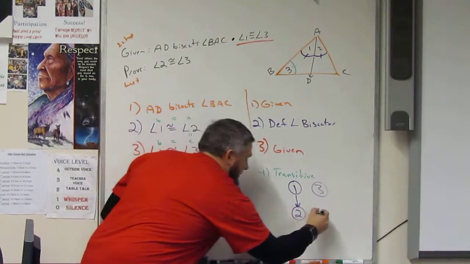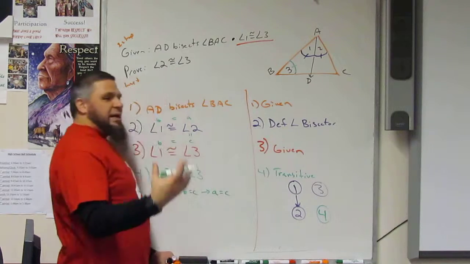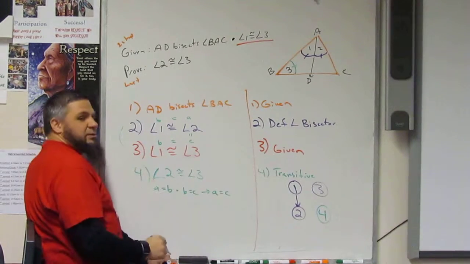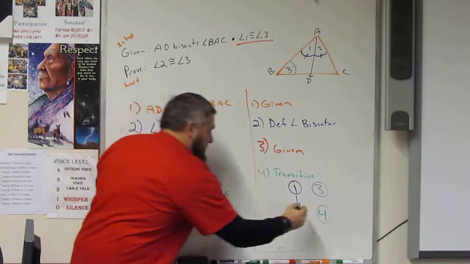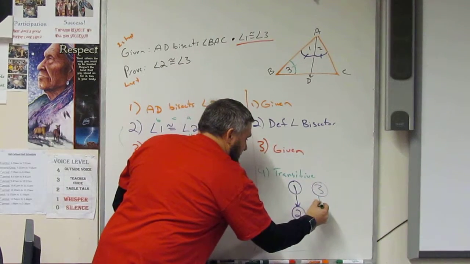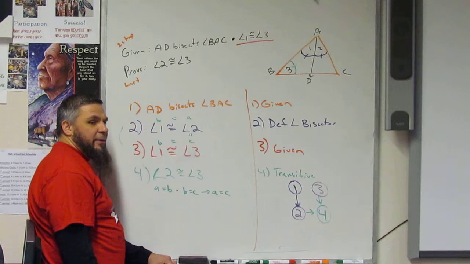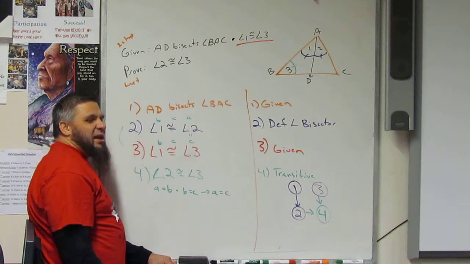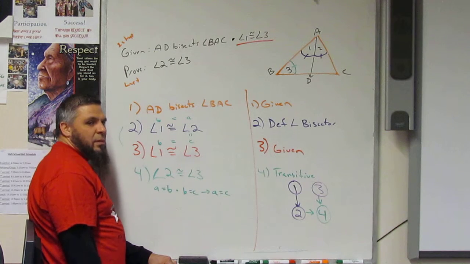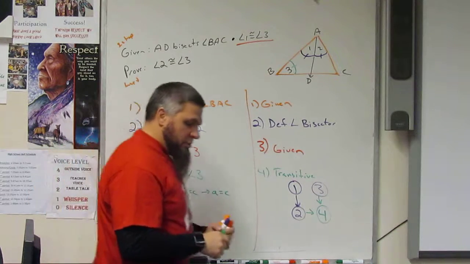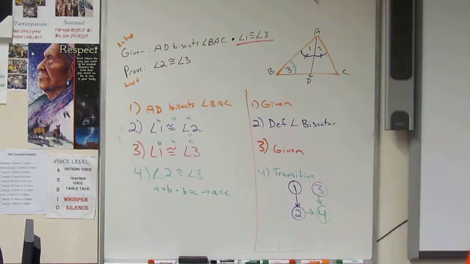And so now I can put in my fourth step, and how did I get there? Well, I got there using these two, so I used 2 and 3 to get to 4. So, not that bad, not that hard. 4 steps. All right? Questions?